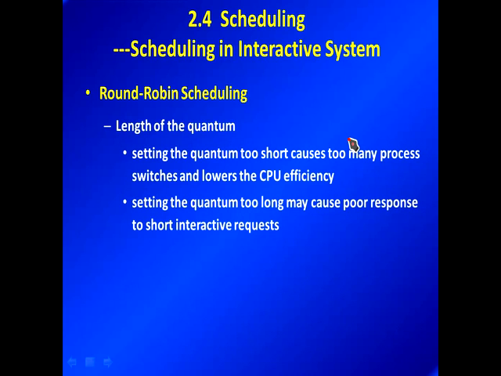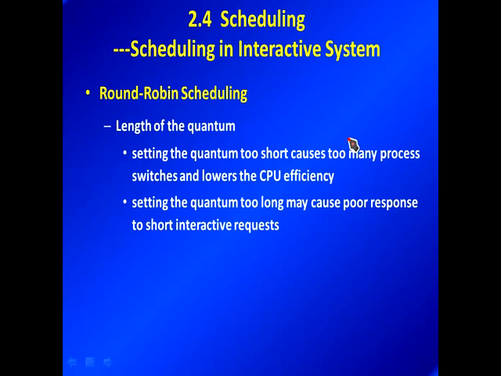You also can't set the length as a very small value, because if it's too small, the overhead is too high. The process switch needs some time to finish its job, to store the information for the last process, and to recover the information for the next process in the CPU.